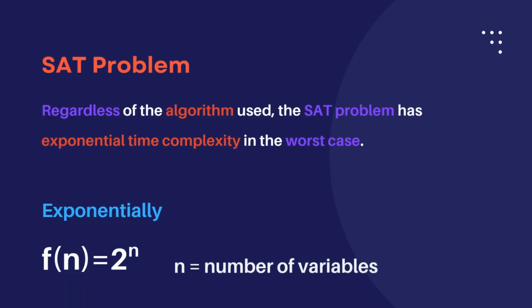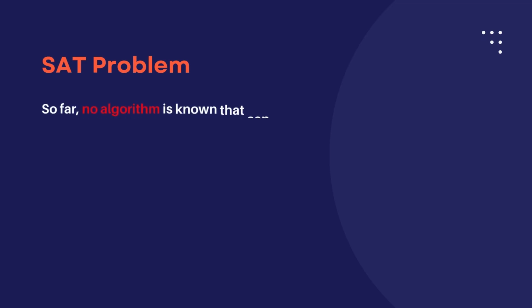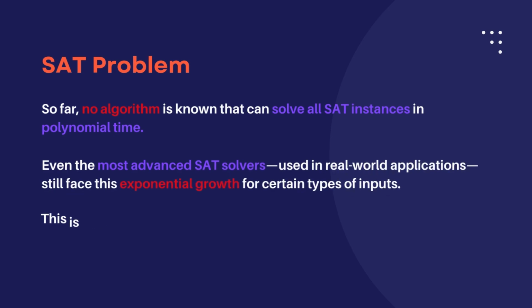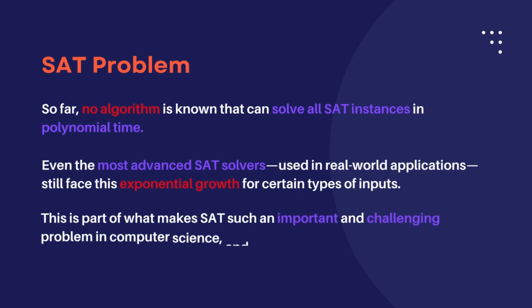So far, no algorithm is known that can solve all SAT instances in polynomial time. Even the most advanced SAT solvers, used in real-world applications, still face this exponential growth for certain types of inputs. This is part of what makes SAT such an important and challenging problem in computer science, and why it's central to the P versus NP question.